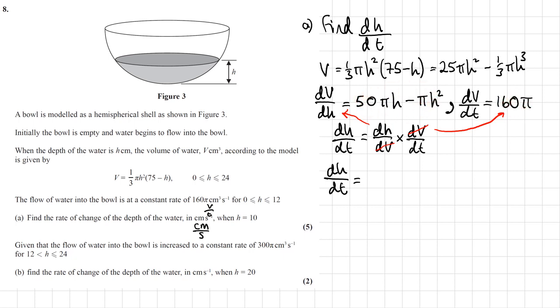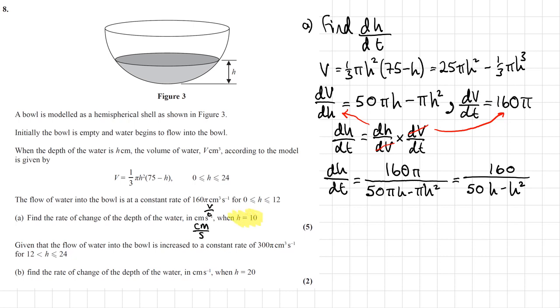So dh/dt is going to be equal to basically 1 over this times this. I can write it as 160π over 50π h minus π h squared. Then I can cancel out the π's, so I'll have 160 over 50h minus h squared. Next step, now that I've found dh/dt, is substituting h equals 10.